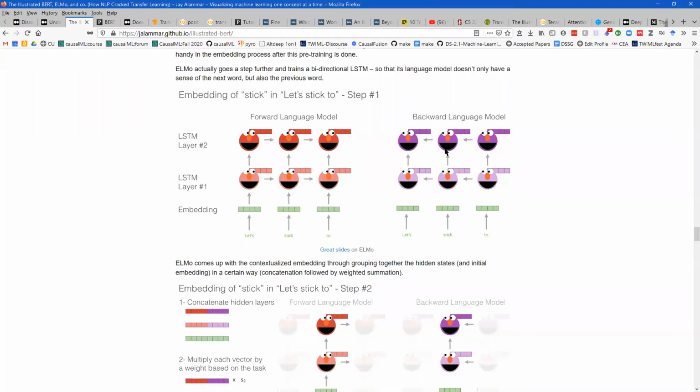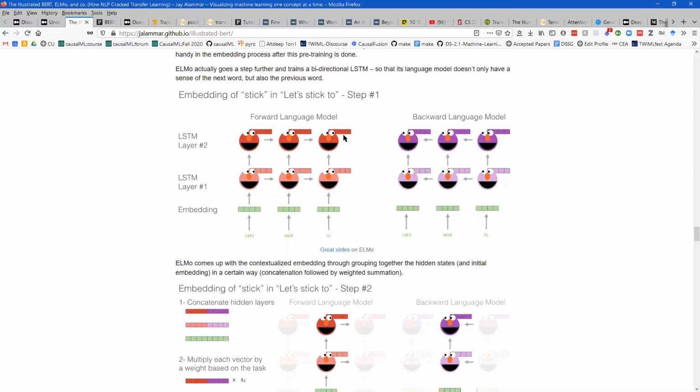When you train it on language modeling, the hidden state represents a contextualized embedding for that particular word. The model as a whole is just a language model which predicts the next word.